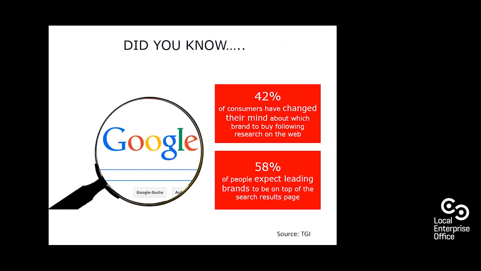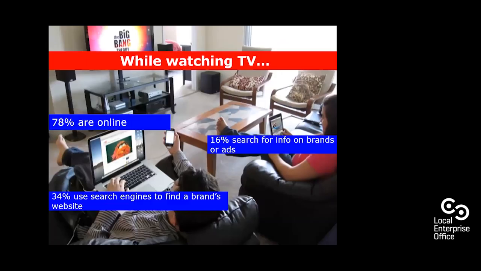So did you know that 42% of consumers have changed their mind about which brand to buy following research on the web? 58% of people expect leading brands to be on top of the search results page. And again, you can see the integration that's happening now between traditional channels and digital channels. While people are watching TV, nearly 80% of people are online. 34% use search engines to find the brand's website.